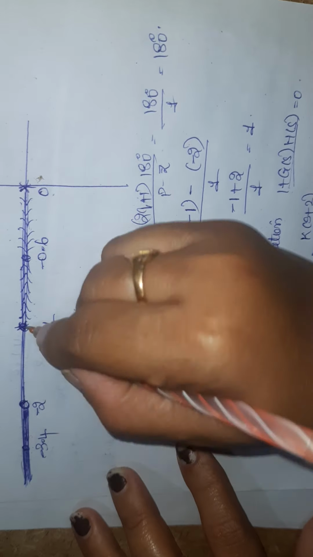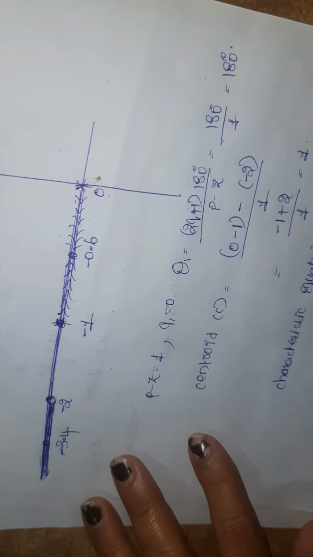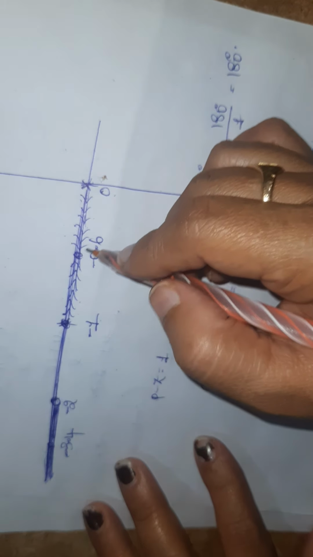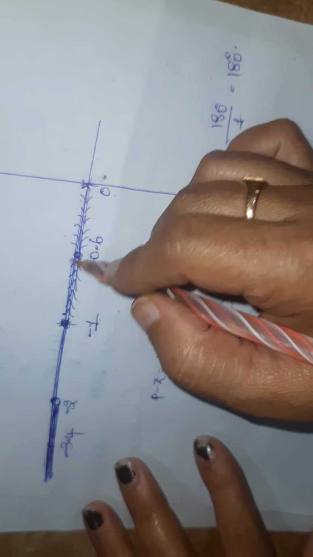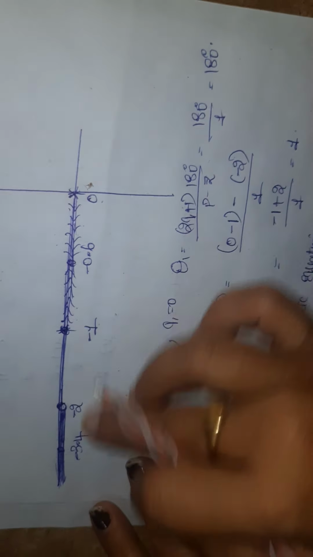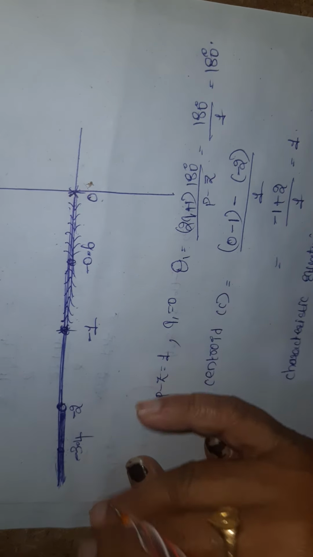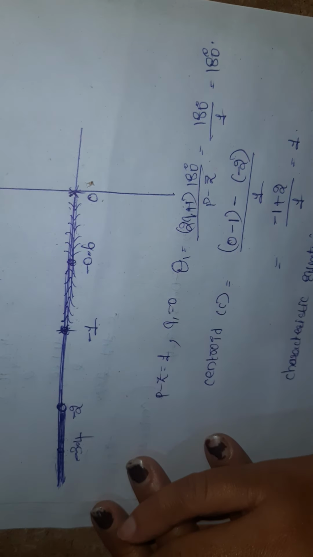So like this we are having the asymptote. Asymptote means the branches of the root locus will always follow the asymptote. Here the asymptote is 180 degrees along the real axis, and we are having two breakaway points.